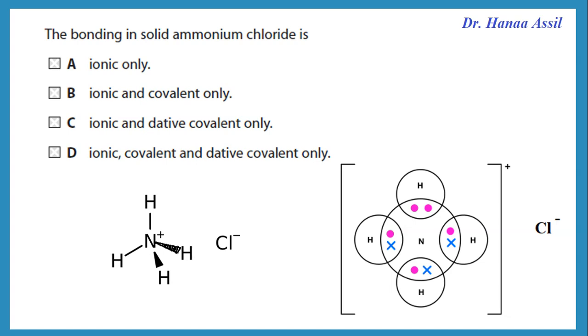Now, inside the ammonium, we said we have normal covalent bonds where we have one electron from nitrogen, one electron from hydrogen, so that's covalent bond. But we also have a dative covalent bond with that hydrogen on top, in which both bonding electrons are from the nitrogen. So actually, when you look at ammonium chloride, there is ionic, covalent, and dative covalent.